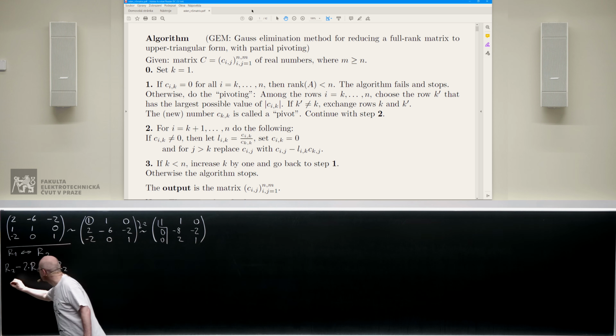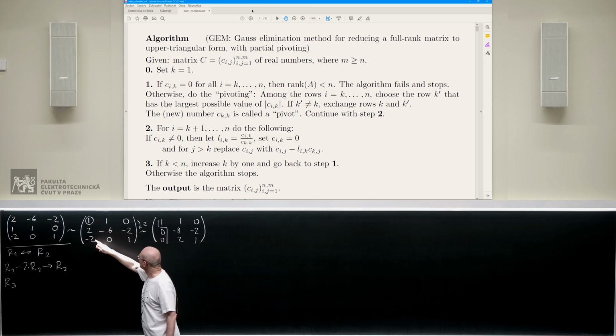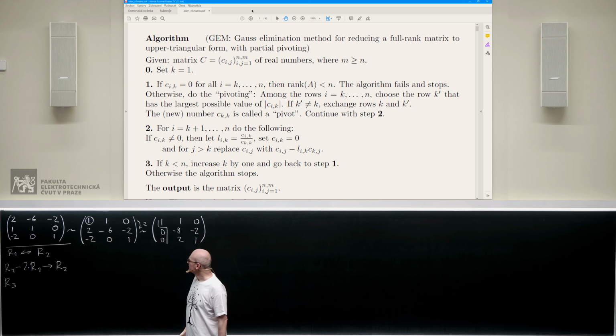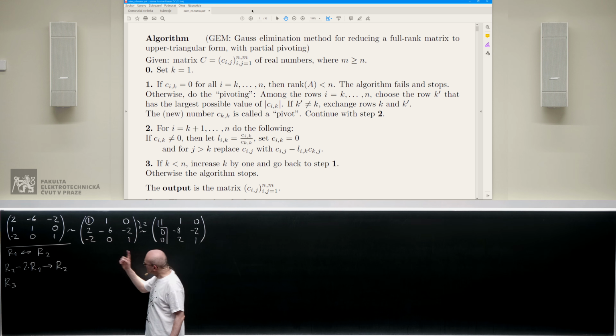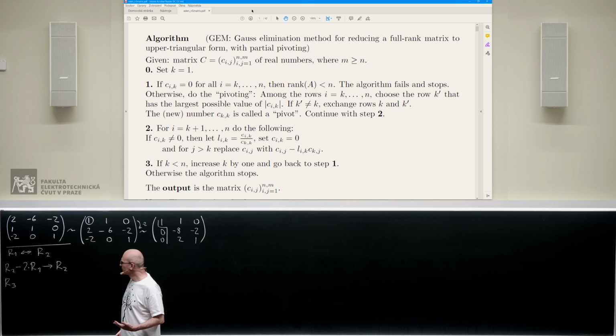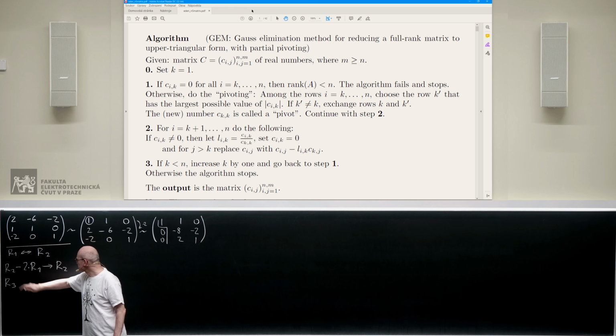Now, let's have a look at this other operation which I did. I took row 3 and I added double of row 1. Now, this brings me to another of those specifics of the numerical version of elimination. We need to introduce some notation, and for that purpose, I need to follow a specific form. The specific form reads that I need to do subtraction here.